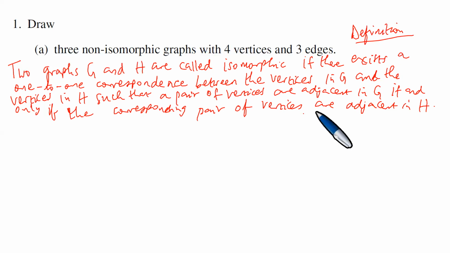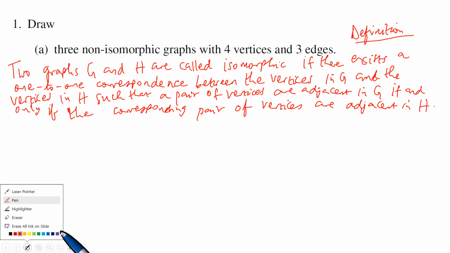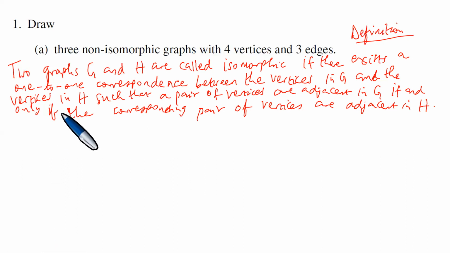So two graphs, G and H, are called isomorphic if there exists a one-to-one correspondence between the vertices in G and the vertices in H, such that a pair of vertices are adjacent in G if and only if the corresponding pair of vertices are adjacent in H. This definition speaks of something we need to take note of, always.